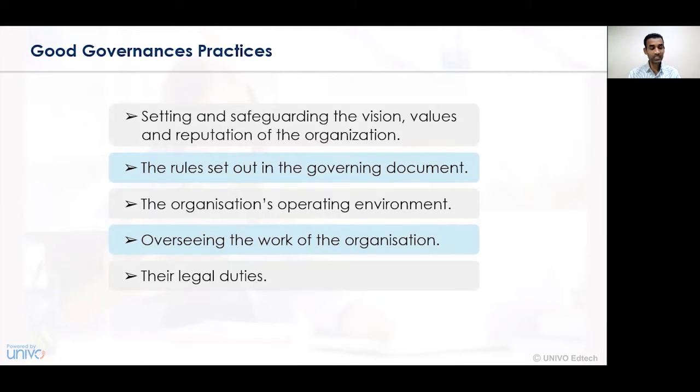Now let's look at the various concepts of good governance practices. What are the various practices that we have to implement to see that the operational plan you are operating in a particular business is effective and providing better results in the organization? The first objective at this stage is setting and safeguarding the vision, values, and reputation of the organization.